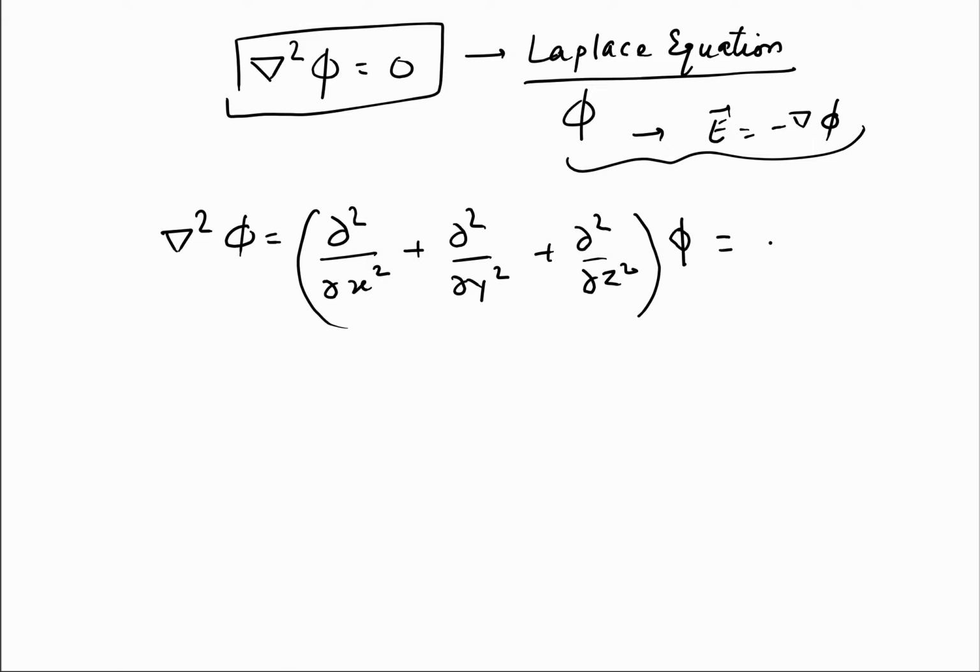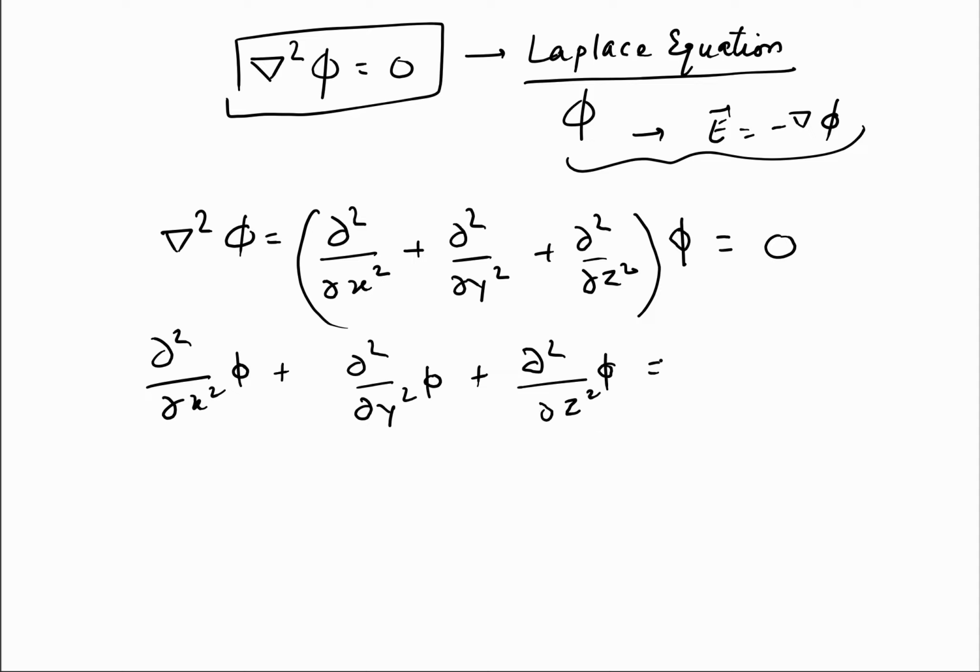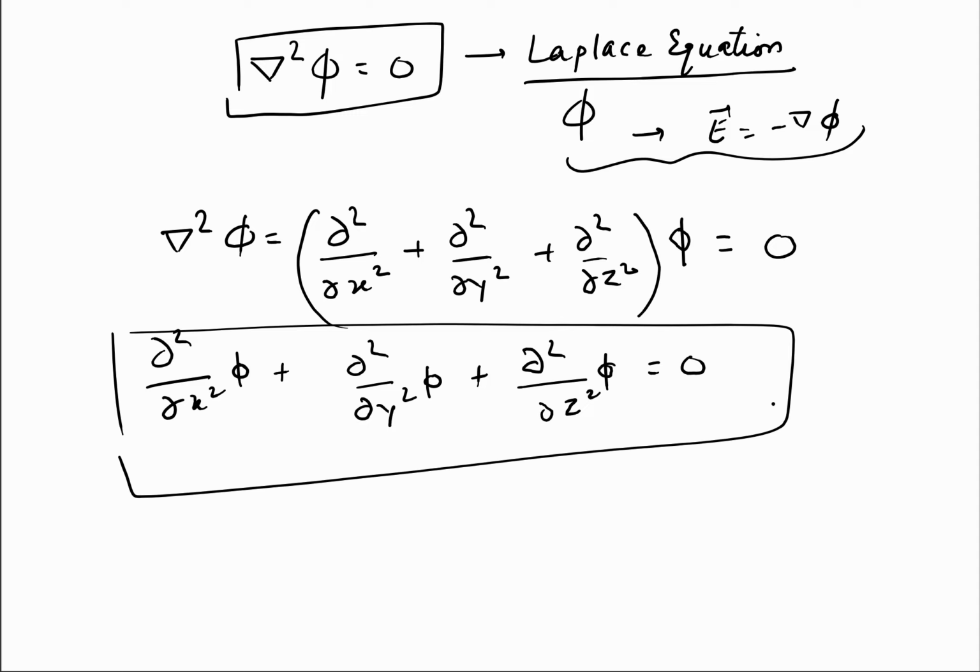So the Laplace equation becomes dou square phi by dou x square plus dou square phi by dou y square plus dou square phi by dou z square equal to 0. This is in the Cartesian form.